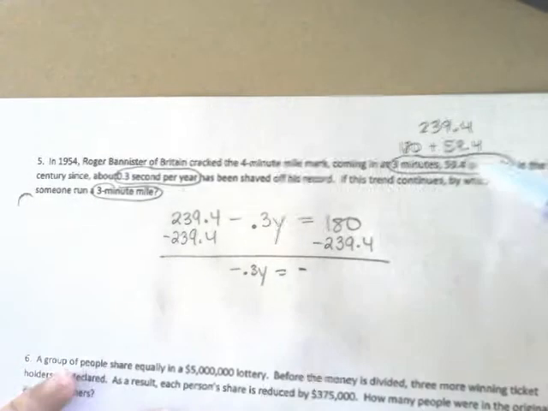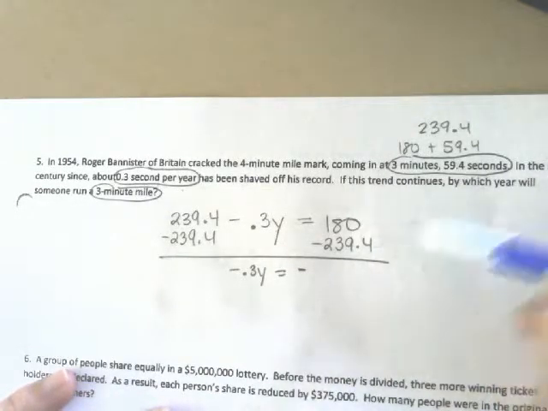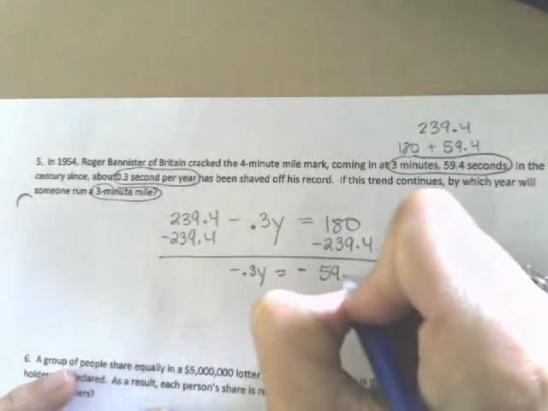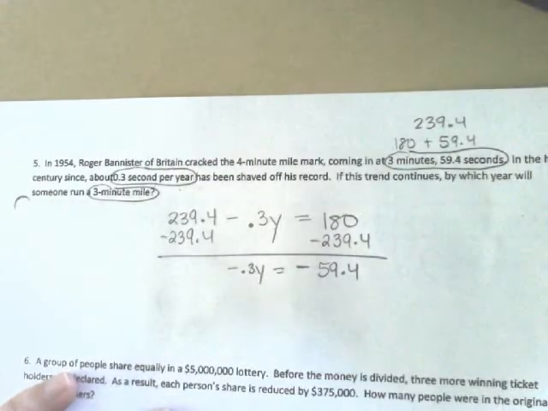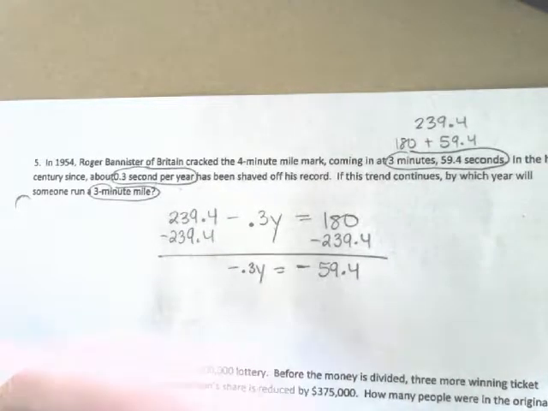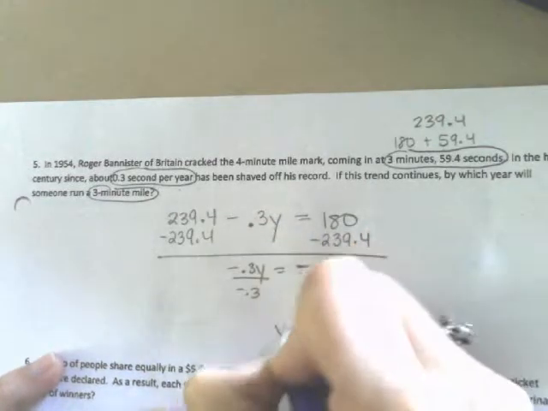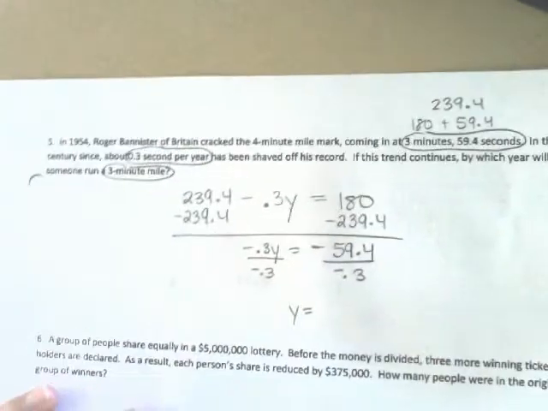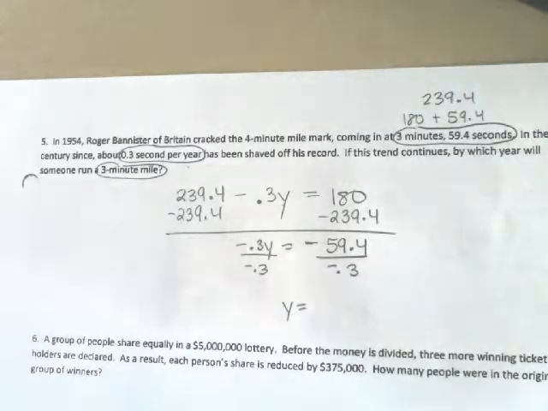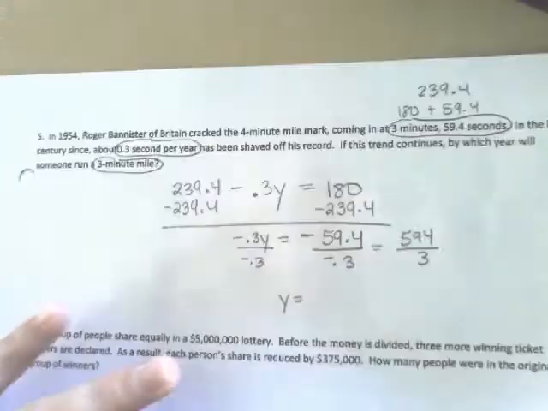So again, to get from 180 to 240 would be 60, but I'm just shy of that, so it's 59.4. And then divide both sides by negative 0.3, and y equals. Here we are with the decimals again. So I'm going to treat this as 594 divided by 3.